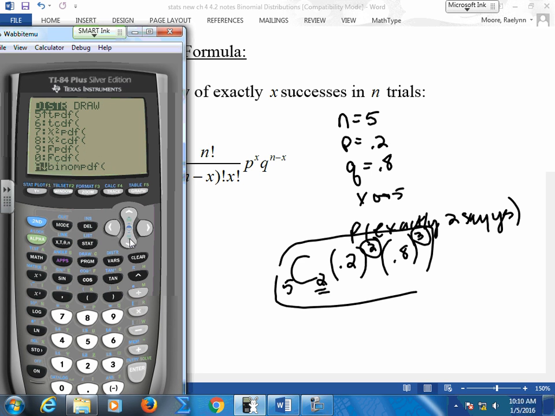It's a binomial PDF. Now, binomial CDF means accumulate this, like from 0 to 2, from 0 to 4, from 0 to 5. So we basically just use the PDF part because we want to fill out our table. We want to make the distribution function. And then we can answer all your probabilities off of that. It's not a bad calculator step.